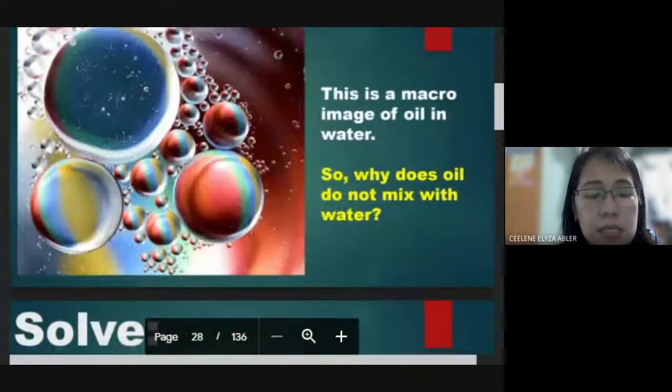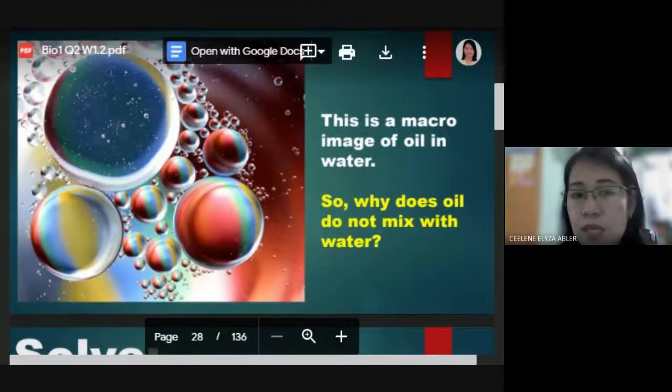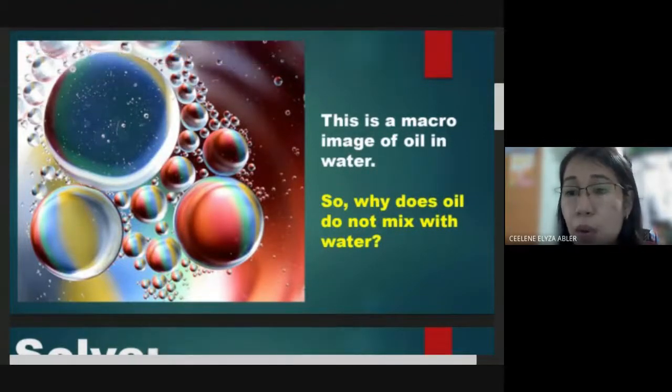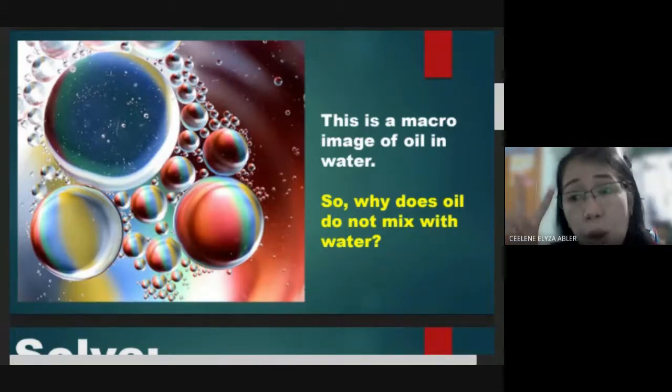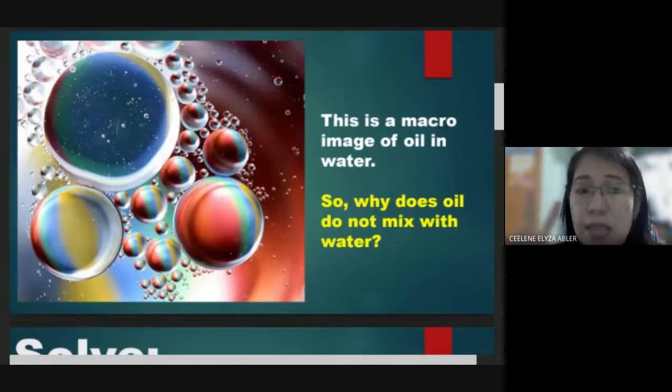So this is example of a macro image of your oil and water. Remember that oil is lipid. Lipids are non-polar and your water is a polar substance. So they are opposites of each other. That's why they do not mix with each other. Ma-mix mo lang sila on a special na way and we call that product as an emulsion.